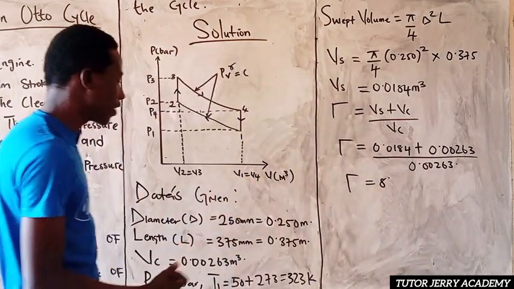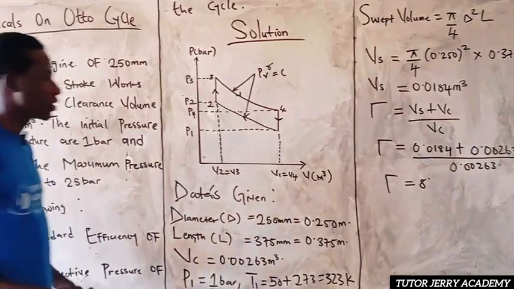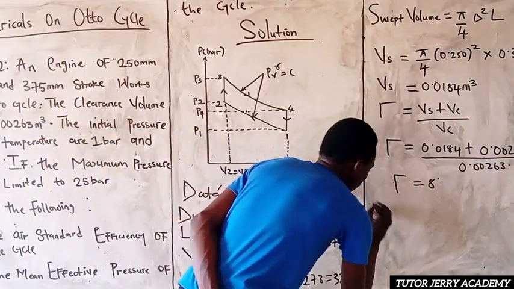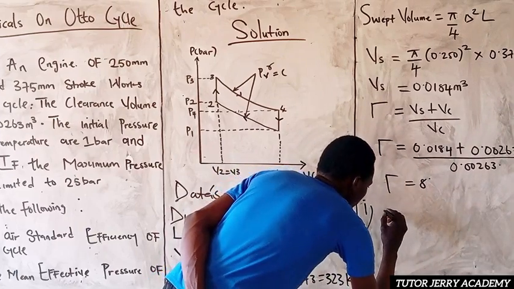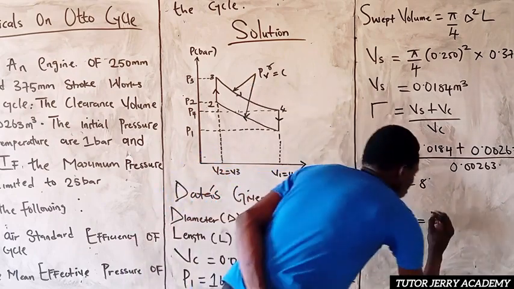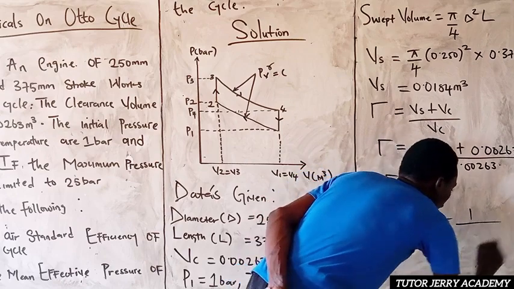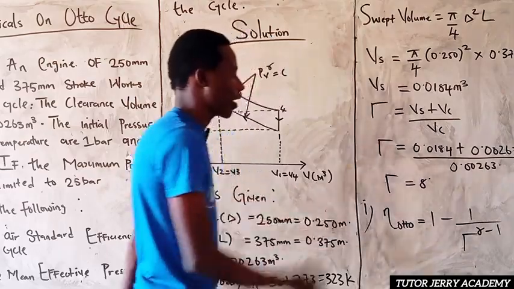Now, from what we have here, we can find our first question, which is the air standard efficiency of the cycle. So number one, we are looking for the air standard efficiency. Efficiency of Otto is equal to 1 minus 1 all over compression ratio to the power of gamma minus 1.